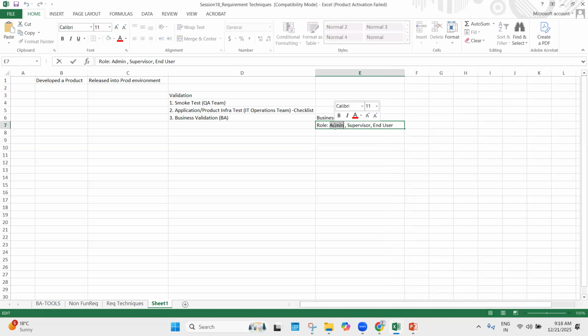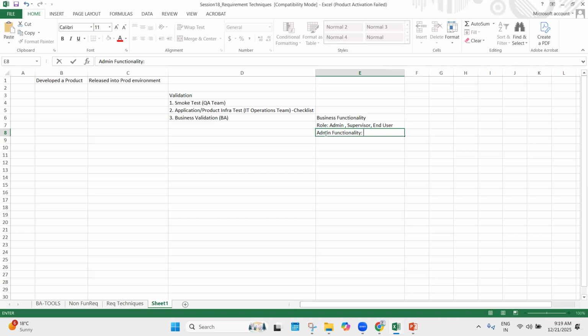As an admin, the business analyst has to log in to the website and see what the functionalities are, because the BA is the person who knows the admin functionality: what an admin can see or perform in the product.